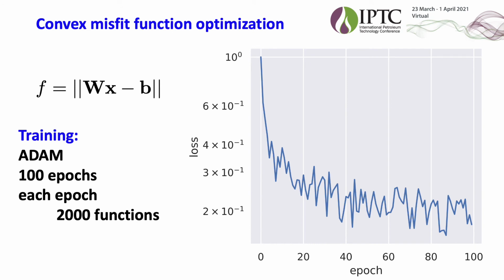We use Adam and we train for 100 epochs, and each epoch will train on 2,000 such randomly generated quadratic functions. The decrease of the loss indicates the success of training our algorithm.